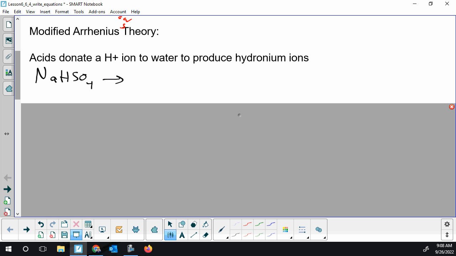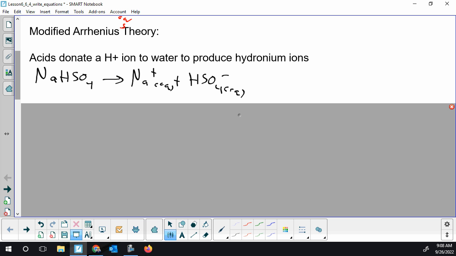So this is going to be kind of step 1 of 2, a precursor to my acid-base reaction. This is going to produce sodium ions and HSO4, which is a -1 charge, aqueous. Sodium ions are not acids or bases. There's no way sodium ions can donate an H. They don't have any.